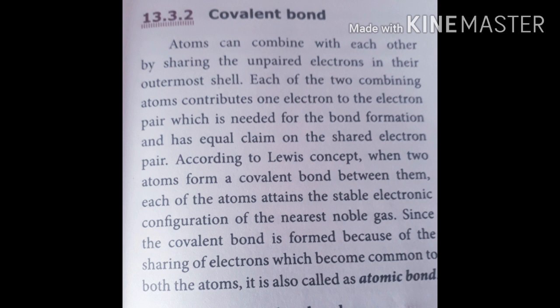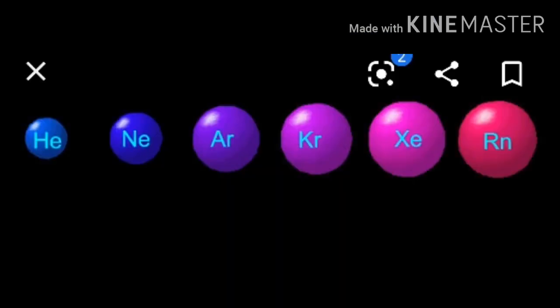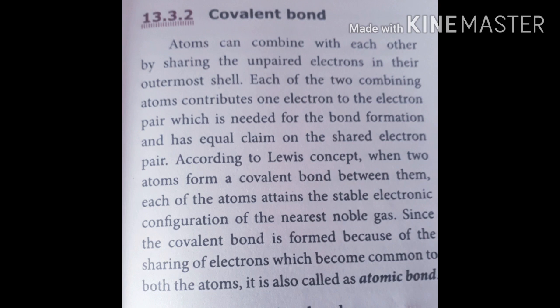The covalent bond is formed between them because of the sharing of the unpaired electrons in order to attain the stable electronic configuration of the nearest noble gas. I already told you what noble gases are: the elements present in the 18th group of the periodic table, that is helium, neon, argon, krypton, xenon, radon.